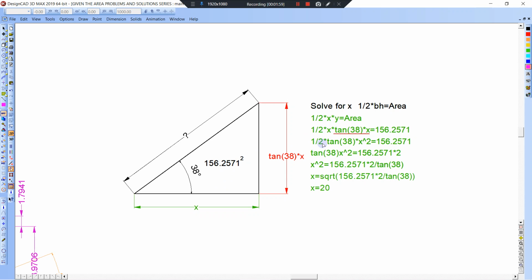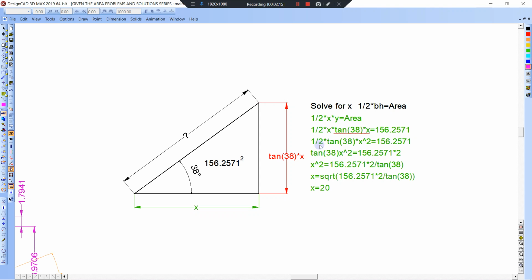Let's rearrange this a little bit: one half of tangent of 38 times x squared, since we have x times x.